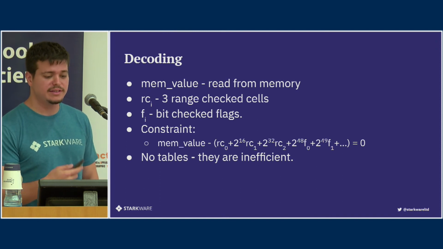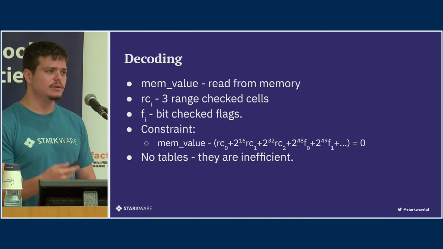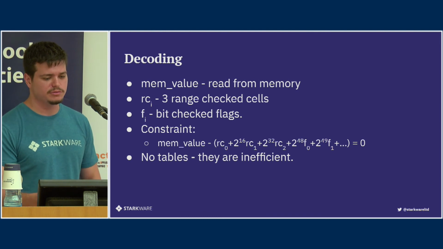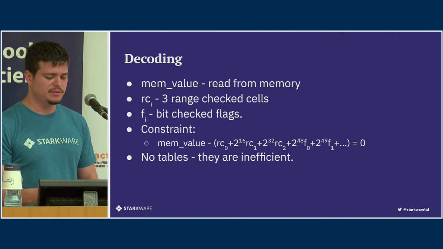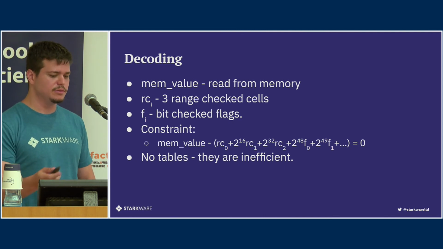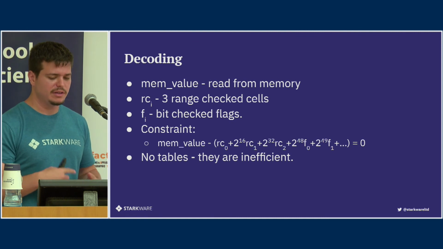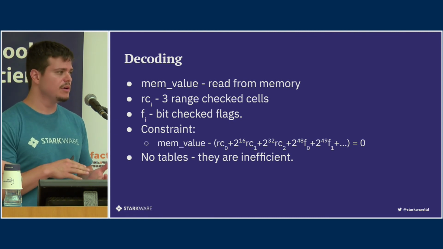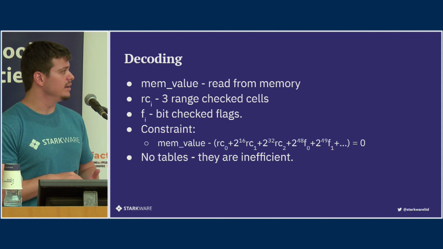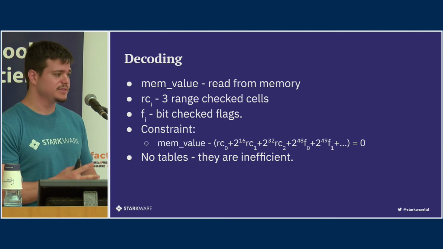Decoding, like I said before, instead of looking up tables to get the control flags, we just do a simple split to bits for most of the flags. Other than the flags, we also have 3 numbers in the range of 16 bits we need.